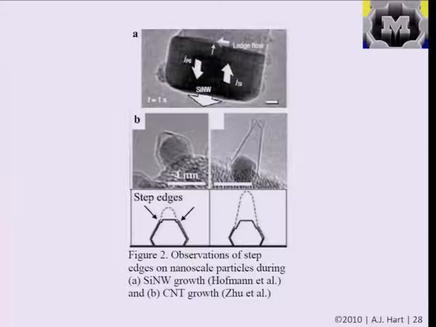So here is a picture taken in the TEM of single-wall nanotubes that are the initial stages of the process, and here you see a picture of this initial cap kind of lifting off, and then the cap getting longer and starting to produce the structure.